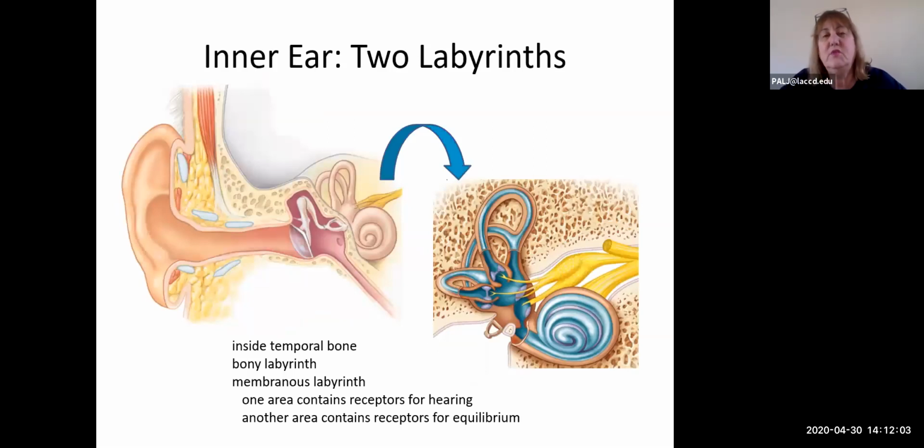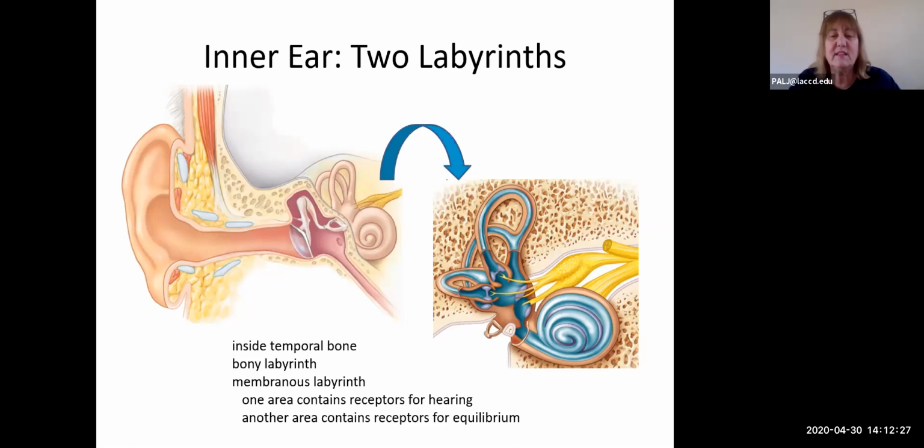So moving into the inner ear, we are then deep inside the temporal bone, where we have this curved pathway, which is known as a labyrinth. And so we have this bony labyrinth inside of which we have membrane that follows the same labyrinth for the most part, and that's called the membranous labyrinth.